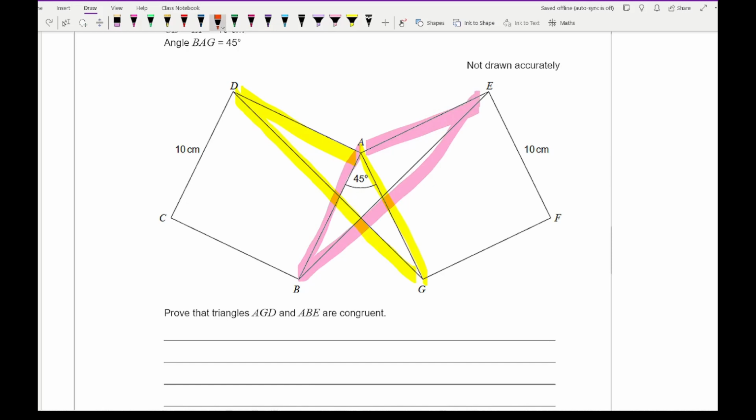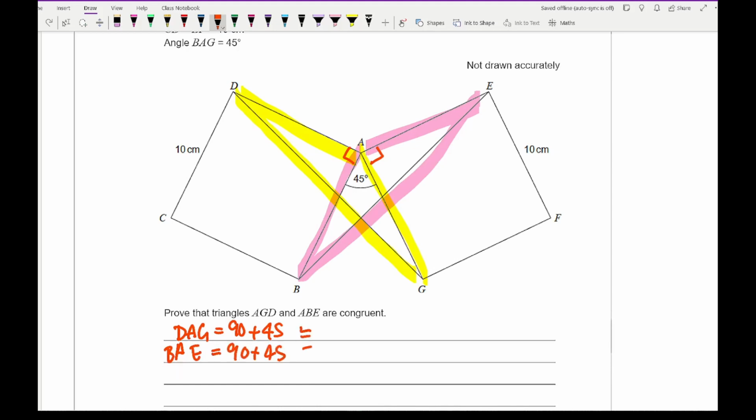So here straight away, what I notice is that if this is a square and that's a square, then angle DAG is going to be equal to 90 plus 45, and angle BAE is going to be equal to 90 plus 45.